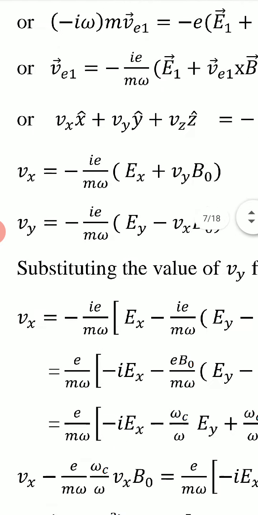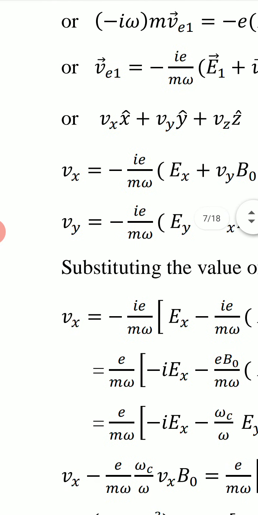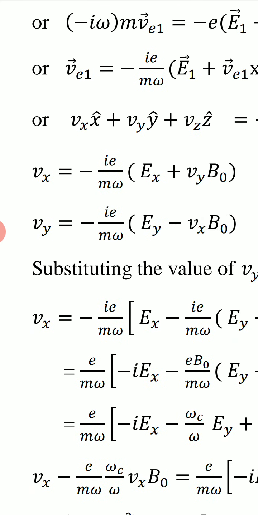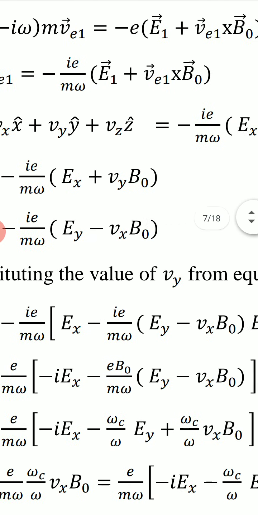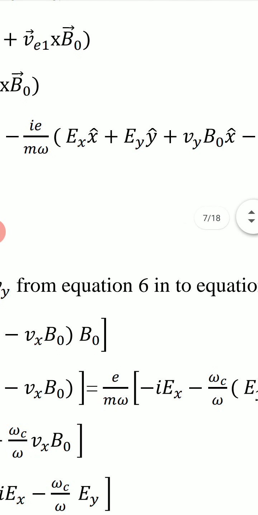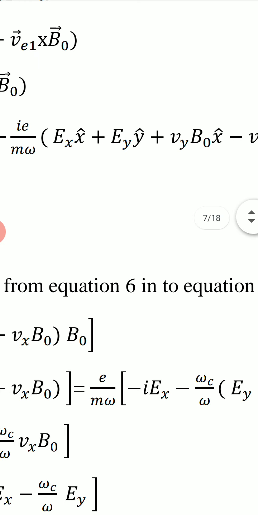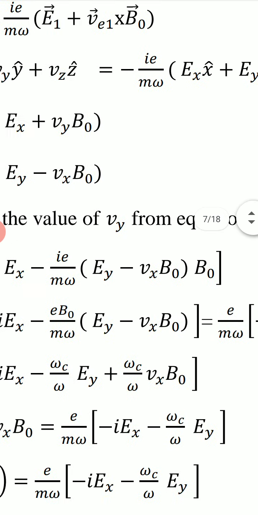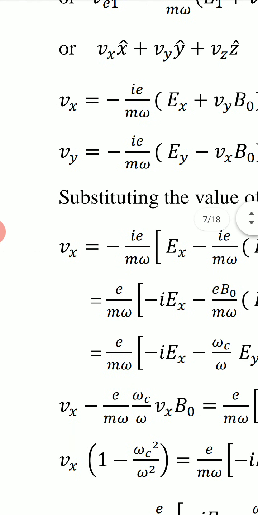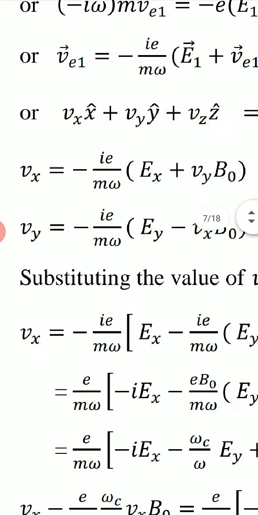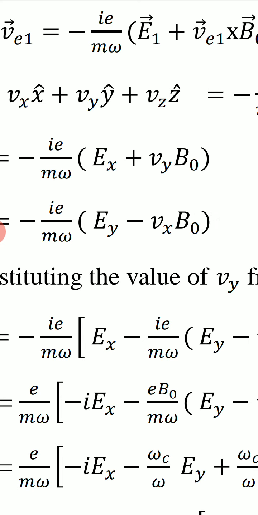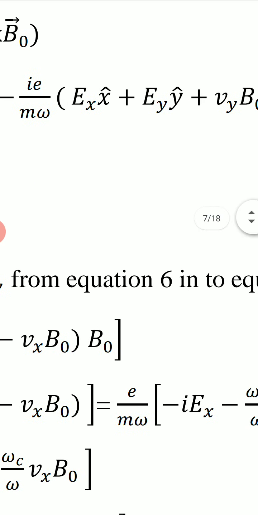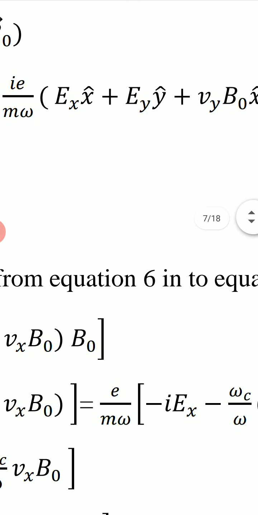From this equation we can find the values of Vx and Vy. Vx is the x component of velocity. It is equal to the term with x cap in the right hand side. Similarly Vy is the y component, so Vy will be equal to the right hand side terms containing y cap.